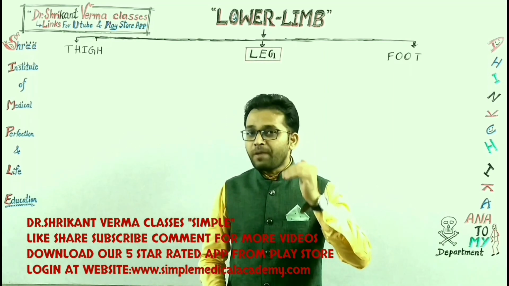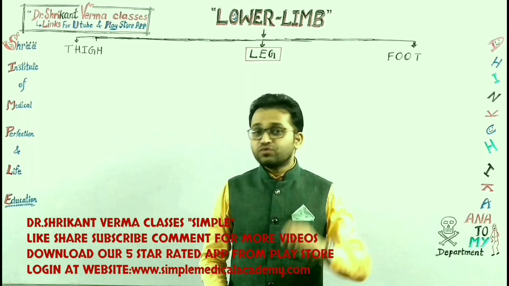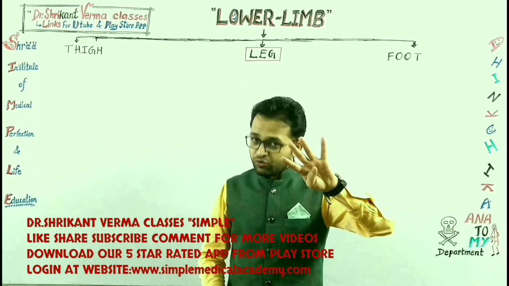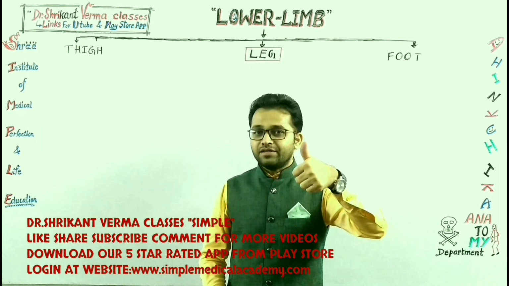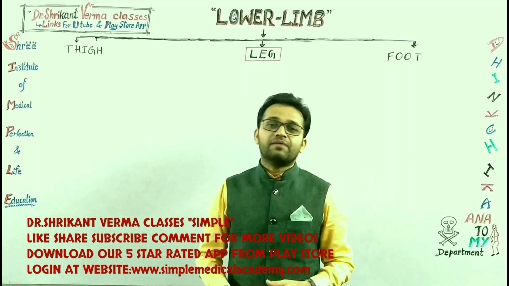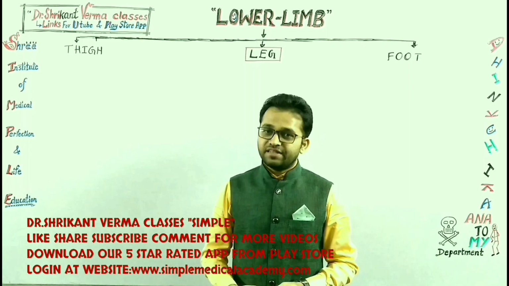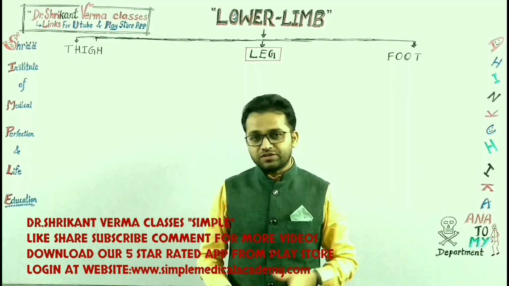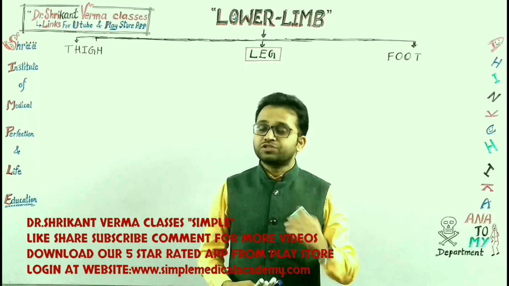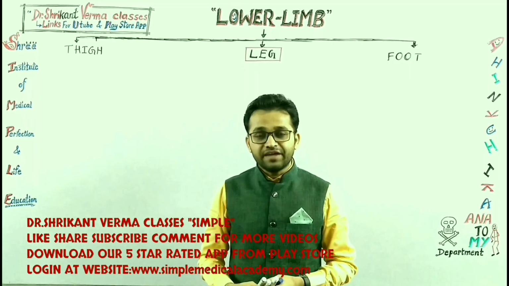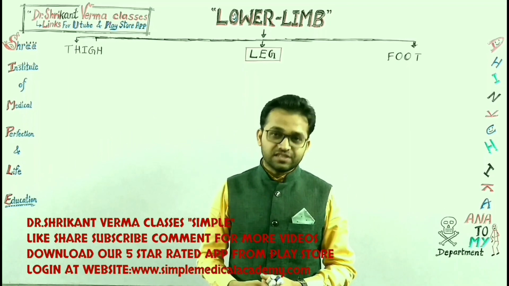After that, there was one pear-shaped muscle known as the piriformis. Below the piriformis, there was obturator internus with 2 gemelli, superior gemellus and then inferior gemellus. And the last muscle was quadratus femoris. So these were the muscles of the posterior compartment of the thigh in the upper part, the gluteal region.